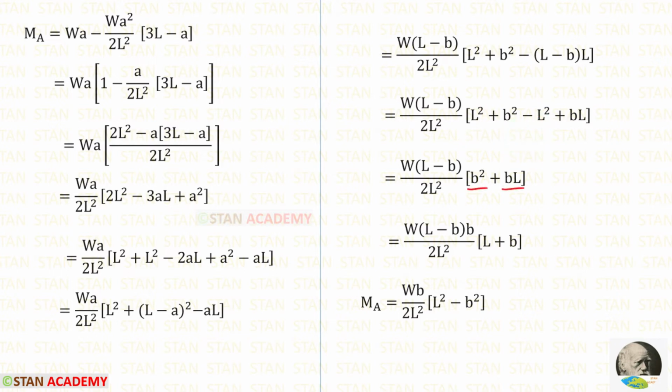We can take B outside, so here we will have L plus B. We know the formula A square minus B square is equal to A plus B into A minus B. So L minus B into L plus B becomes L square minus B square. Finally, we have made an expression for MA.